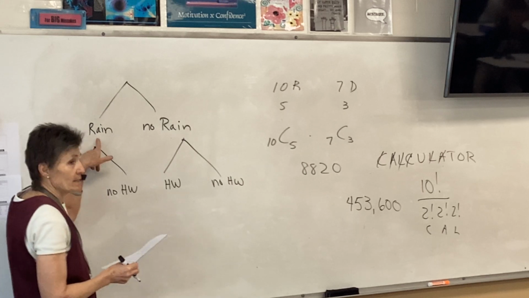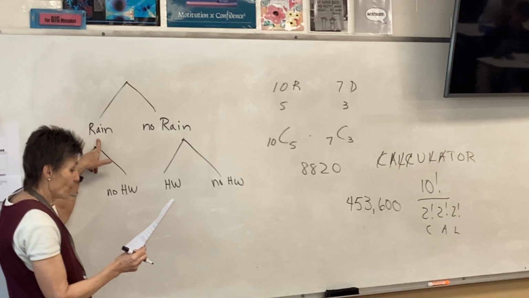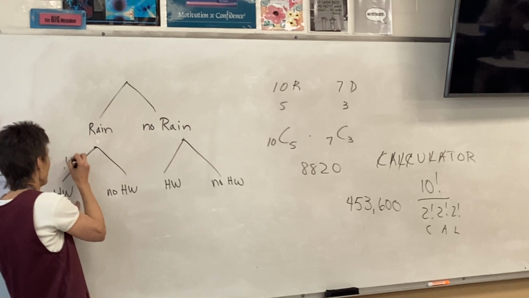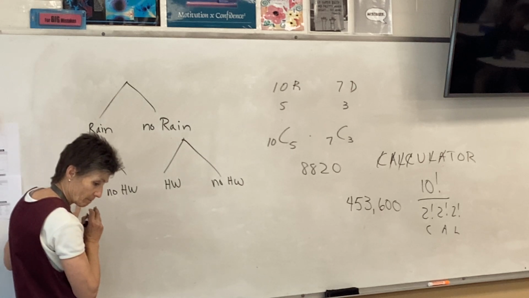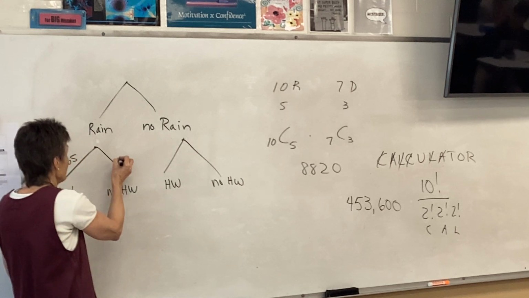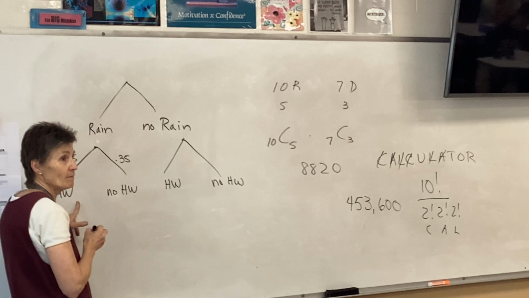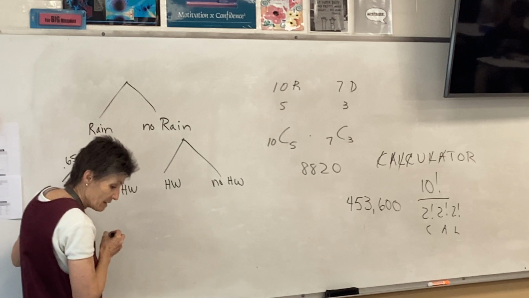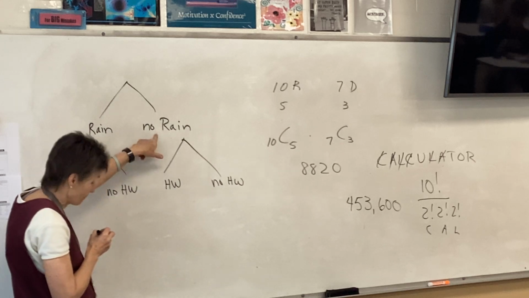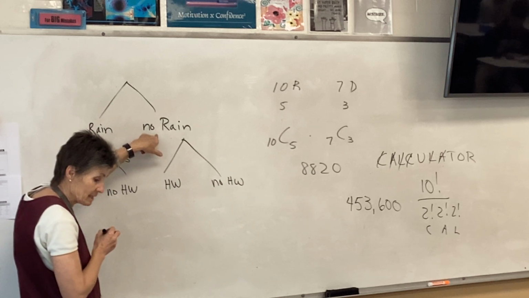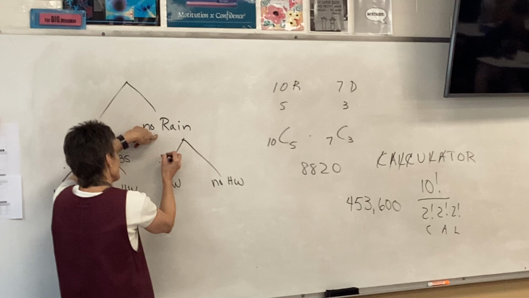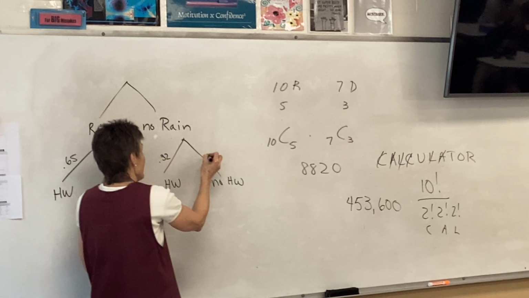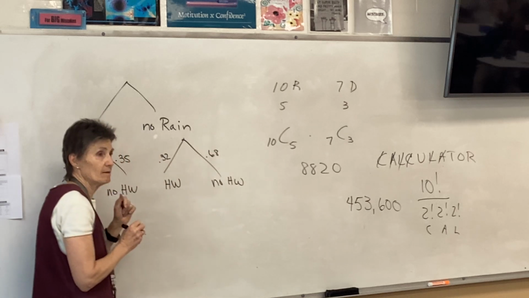If it rains, the probability that Tim does his homework is 65%. So this would be 35. If it doesn't rain, the probability that he does his homework is 0.32, which means no homework would be 0.68.